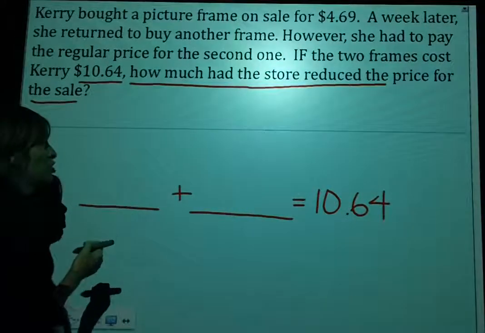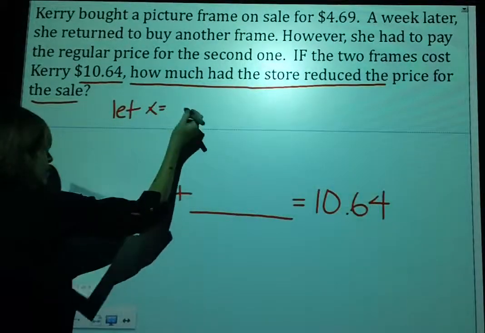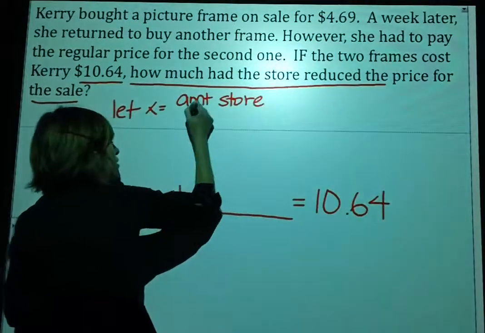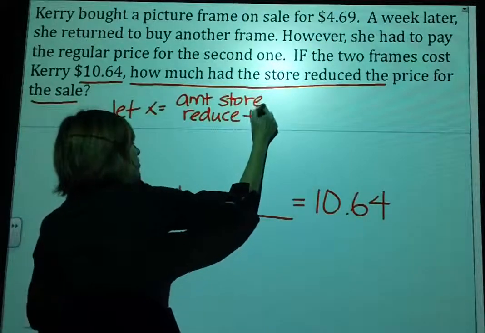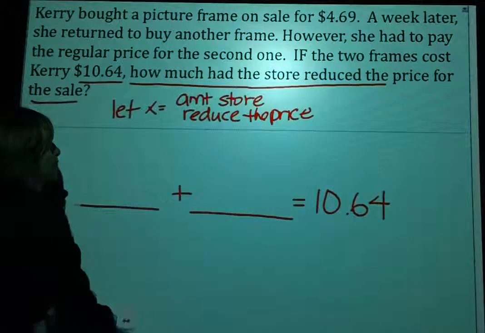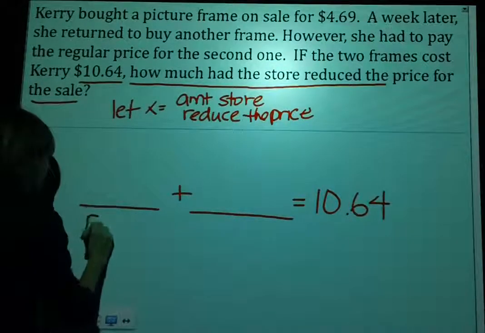All right, but we need to write our let statement. So we're going to let X equal the amount the store reduced the price. Okay. So let's think about it. The first picture frame she bought for $4.69. So here's frame one.